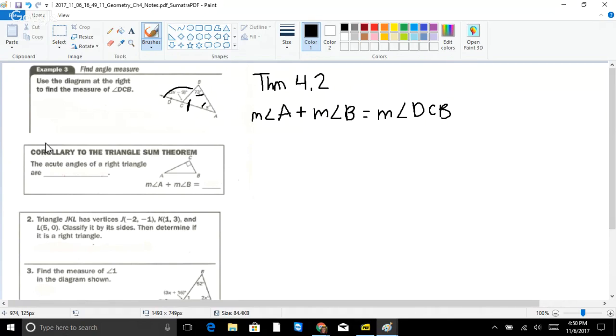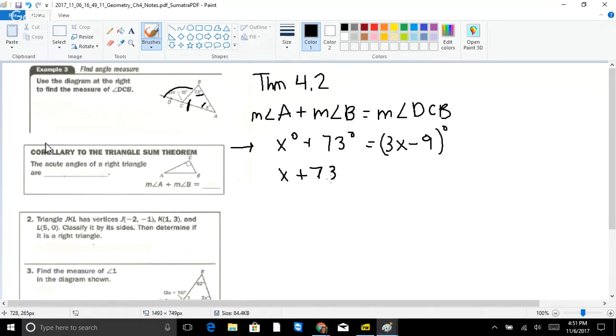All right, so now I'm just going to fill in the blanks. The measure of angle A is x degrees. Okay, we got a variable there. All right, and then the measure of angle B is 73 degrees. And then the measure of DCB is 3x minus 9 degrees. So now, once we fill this in, we have a good old algebra problem, right? So we can take off our degrees if you want.